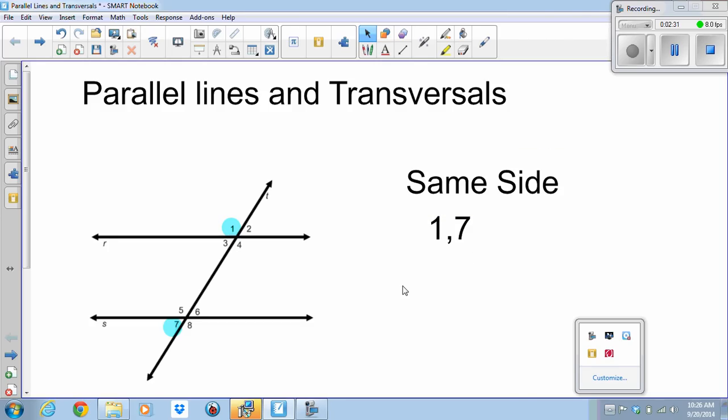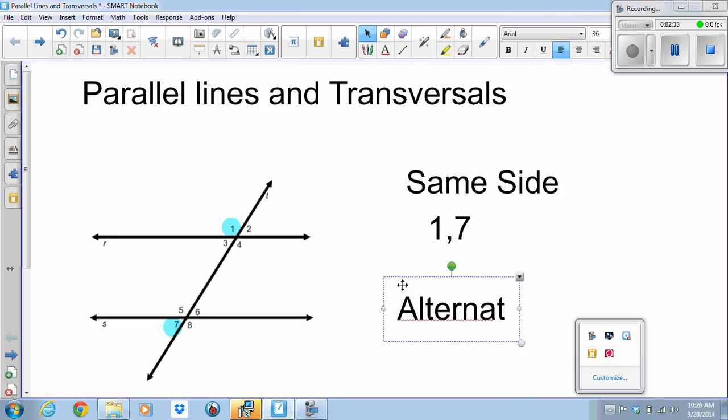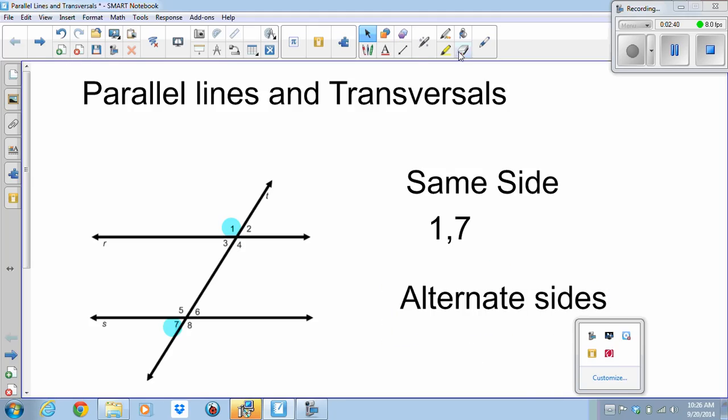Now, if we wanted a pair on opposite sides, we're going to call that alternate. Then we're not going for 1 and 7, we would go for 1 and 8. So 1 and 8 are on alternate sides of the transversal. That's our first name. When they give us a pair of angles, we need to say whether they are on the same side of the transversal or alternate sides.